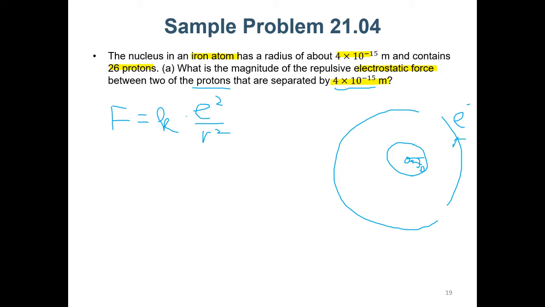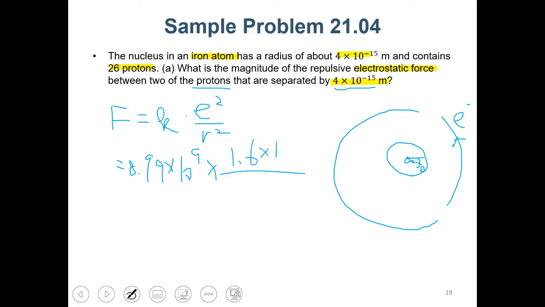And you can just substitute the numbers, 8.99 times 10 to the 9 times 1.6 times 10 to the minus 19, squared, over 4 times 10 to the minus 15, squared. You substitute all the numbers and get a force of something like 14 newtons, which is quite large.